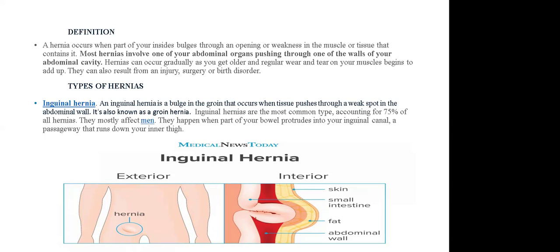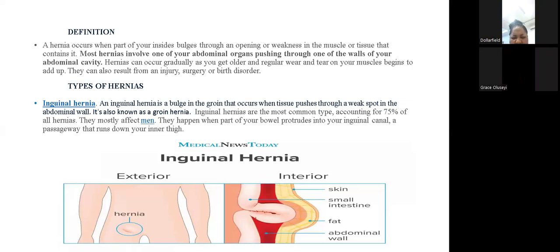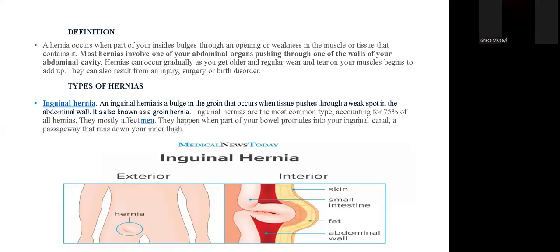Now, what is inguinal hernia? Inguinal hernia is a bulge. You remember I defined what hernia is. It's a bulge that capitalizes on a weak surface. So you now find the inner content, the inner tissues or inner organs pushing through the weak surface. We will later get to see reasons why this can happen.